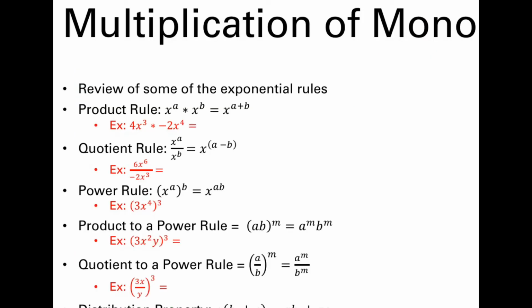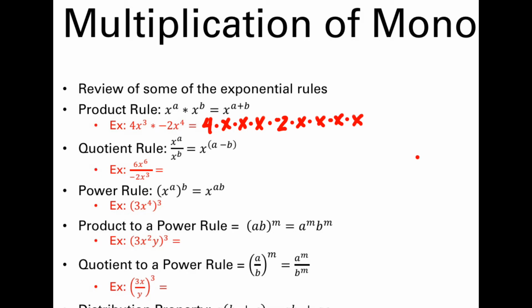So for example here, 4x to the third times negative 2x to the fourth. Remember that this is just a bunch of multiplications occurring, right? It's 4 times x times x times x times negative 2 times 4 more x's, right?